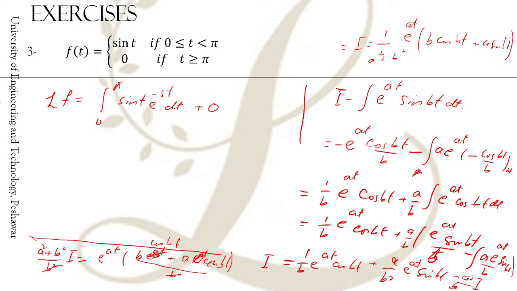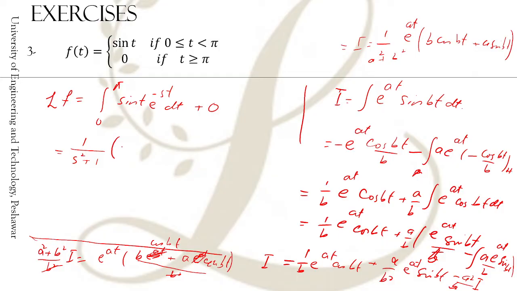So we could use this integral directly by taking b equal to 1 where a is equal to minus s. So this will give you what? This is equal to 1 over a square plus b square, that is 1 over s square plus 1, into b cos bt.